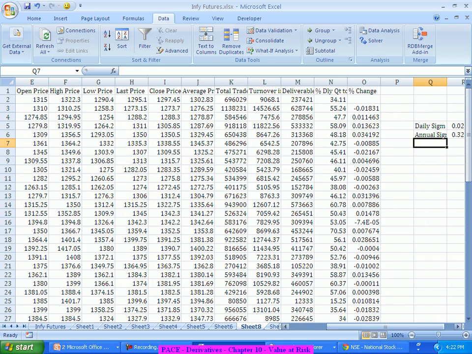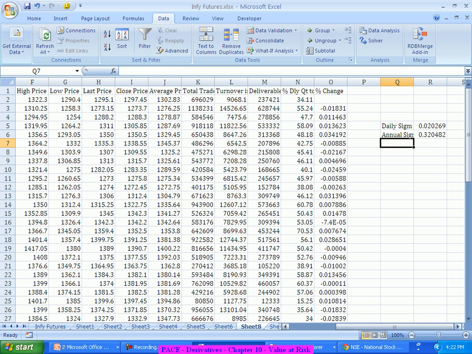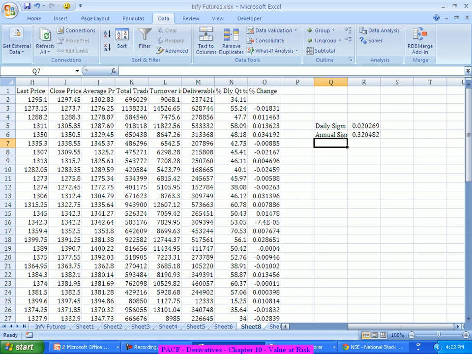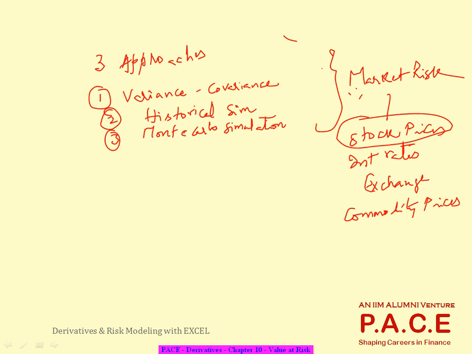When I have to use the variance covariance approach of finding VAR, it is VAR equal to the mean or the average, if I say 1% VAR, mean minus 2.33 times the standard deviation.